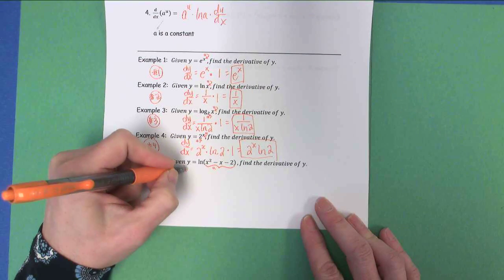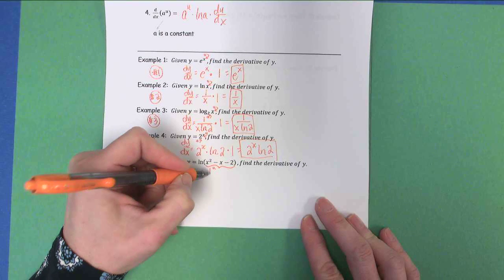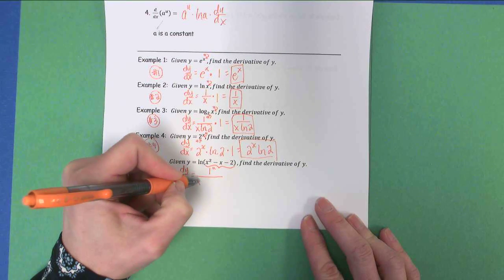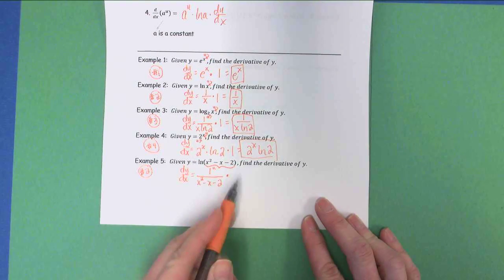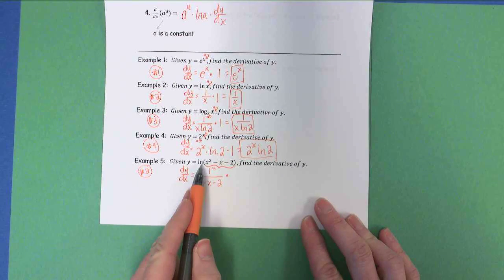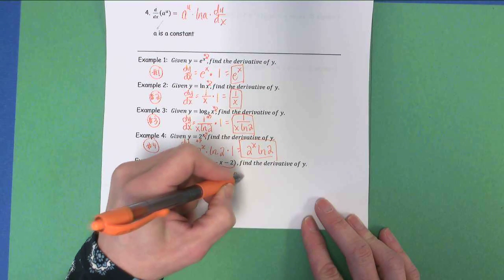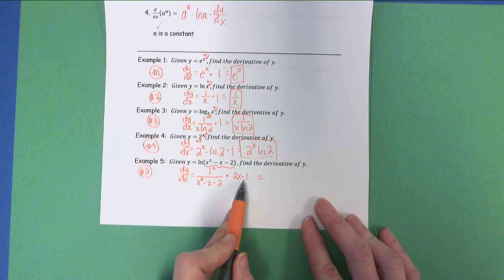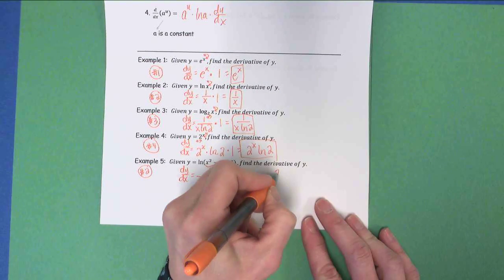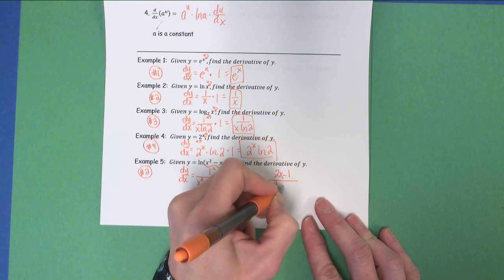So the derivative of y with respect to x, according to the formula, is 1 all over u, so I'm going to copy that whole expression down, times the derivative of u. Using the power rule and the linear function rule, that derivative would just be 2x minus 1. So my final answer, I'll take the 2x minus 1 times 1 and just write that as 2x minus 1 all over x squared minus x minus 2.